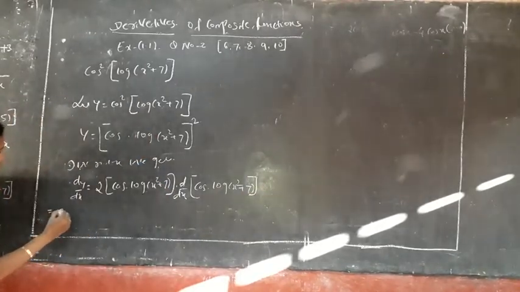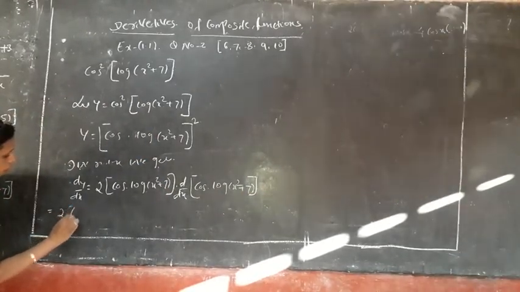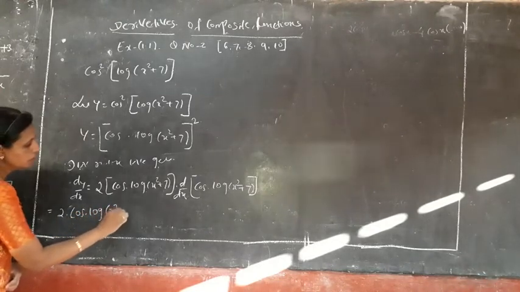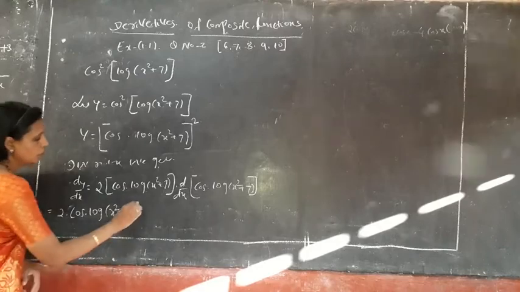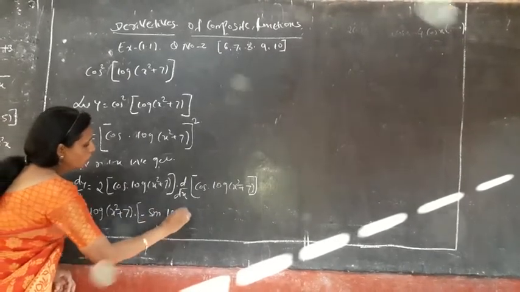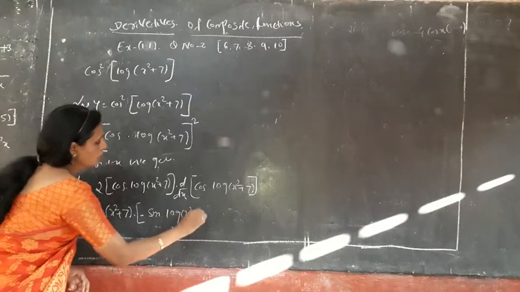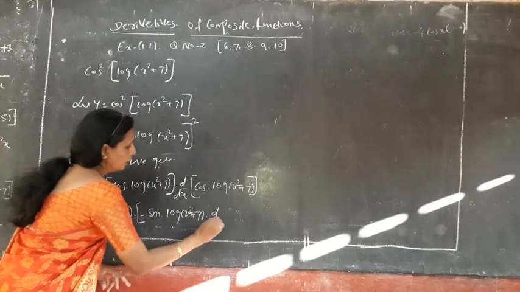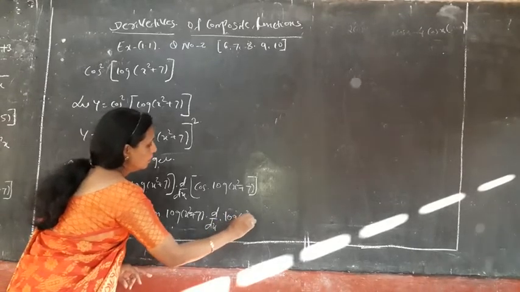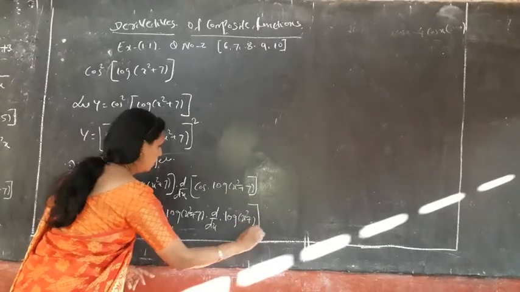This is equal to 2 into cos of log of x square plus 7. Differentiation of cos is minus sin log of x square plus 7 into d dx of log of x square plus 7.